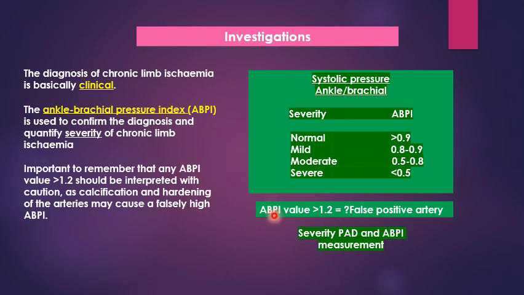An ABPI of more than 1.2 should be taken with caution, as it may be a false positive due to artery rigidity due to calcification of the artery. It's important to remember that an ABPI value of more than 1.2 should be interpreted with caution, as calcification and hardening of the arteries may cause a falsely high ABPI.